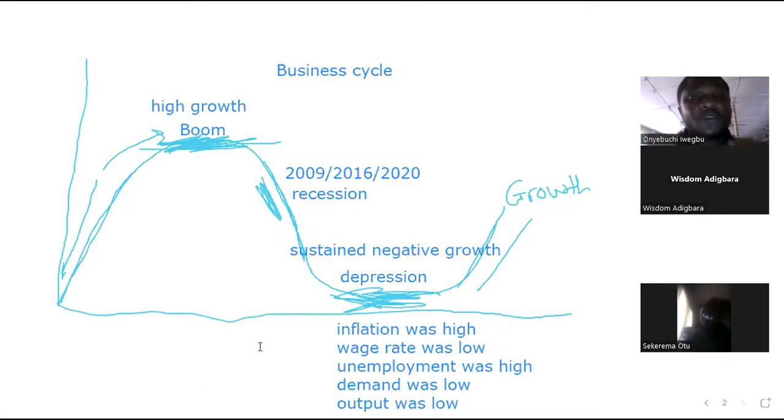So depression is when we have sustained negative growth rates. That's what you have to know at your level. You are not to know how the invisible hand will ensure that when the economy goes into depression, it will recover. But the classicals say that when the economy is in recession, government should do nothing.